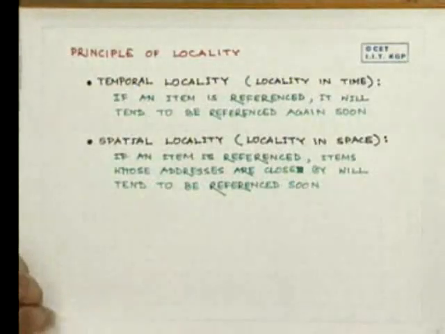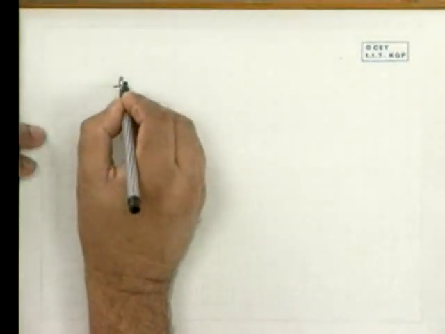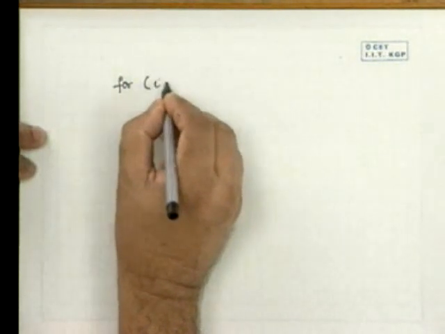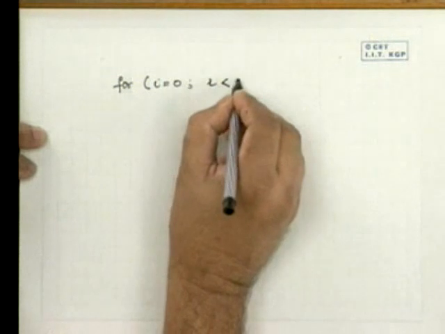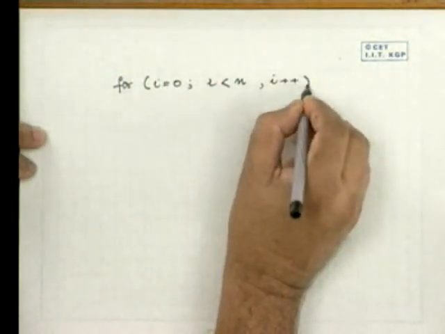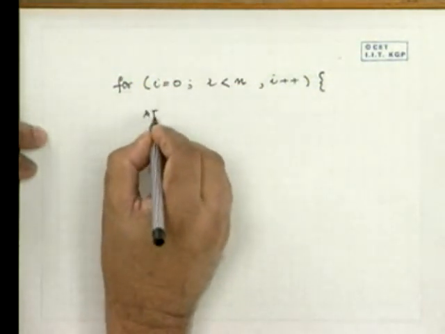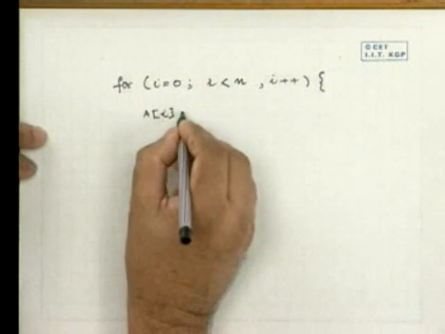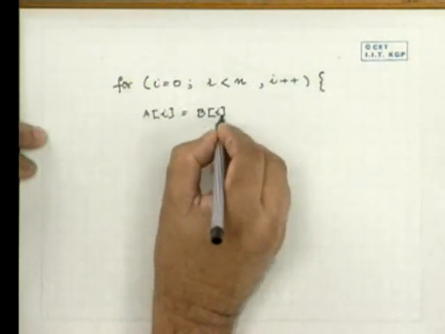Now let's see why it is generally possible. Suppose we have a loop, like for i equal to 0, i less than n, i plus plus, and here I am simply adding the elements of a one-dimensional array.